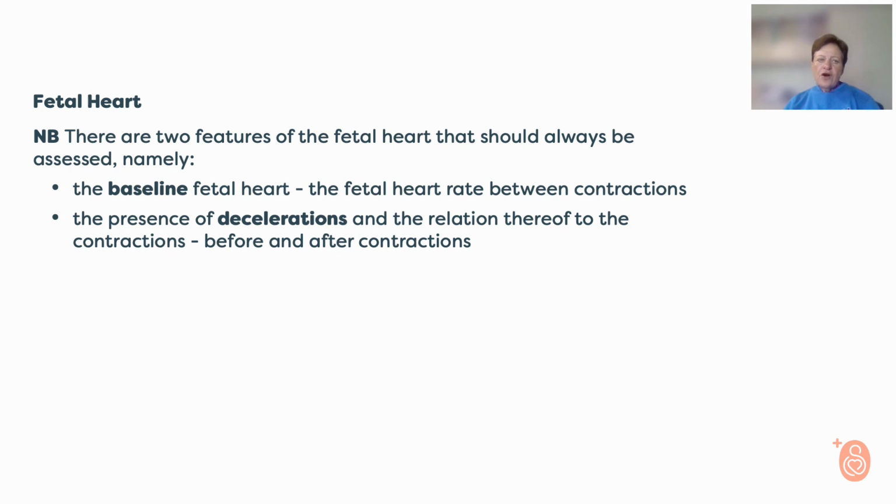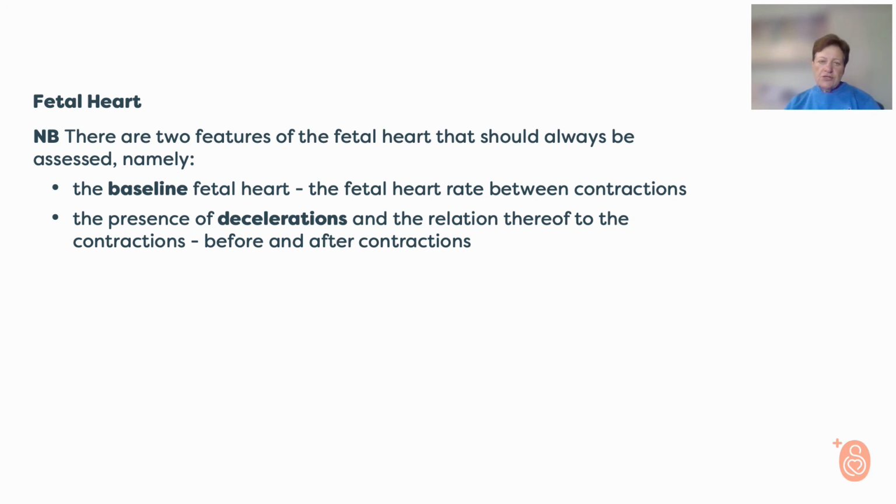I have the fetal heart here, not as part of the 4 Ps, but one almost wants to classify it under the passenger, because it also has an effect on the progress of labor, in the sense that prolonged labor might lead to fetal distress. And there are always 2 very important aspects of the fetal heart that are important to assess on the Partograph, which will tell us that there is fetal distress developing or already present.